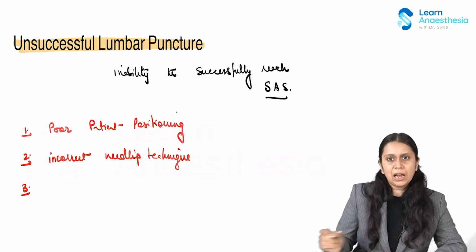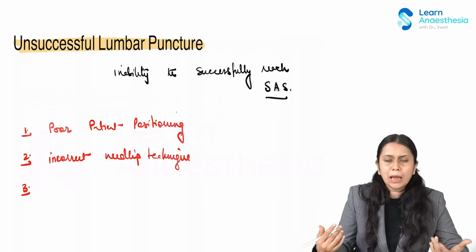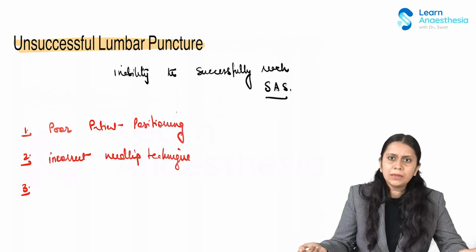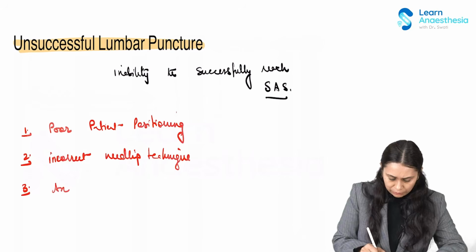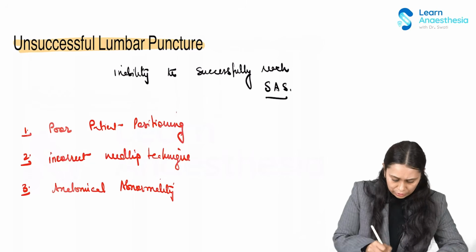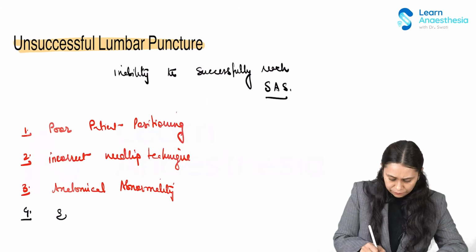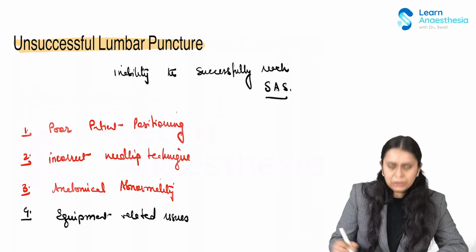The patient may have had some spinal deformity, or maybe an apparent deformity was not seen, but some anatomical factor is causing the issue. So, anatomical abnormality could be the cause, and equipment failure related issues. Now, equipment could be faulty, or equipment was not checked properly.